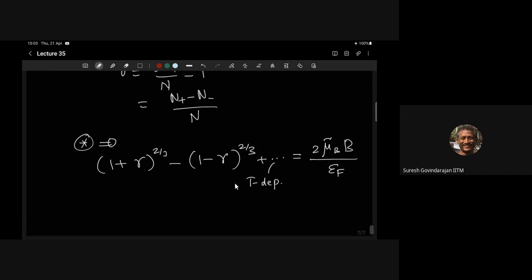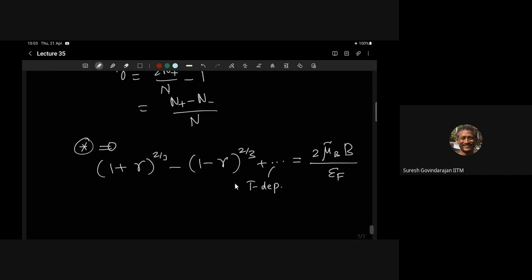Okay. So then you can get, for approximate values, you can show that.